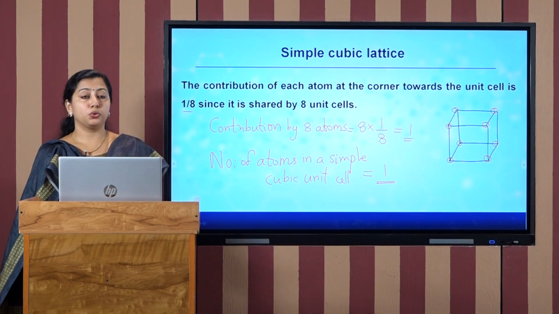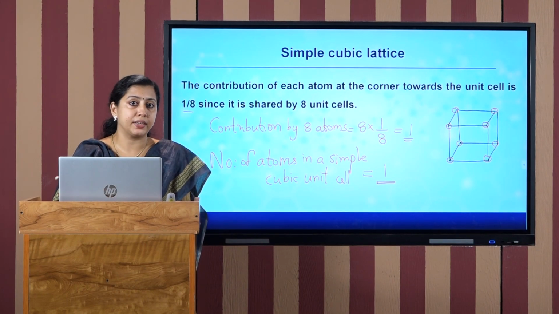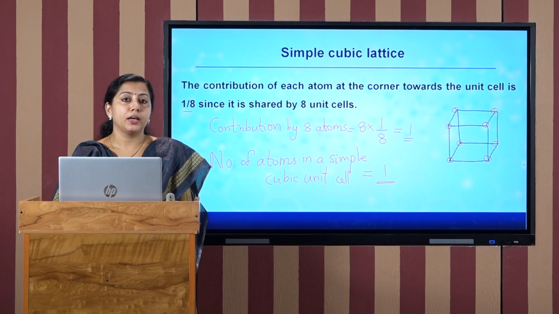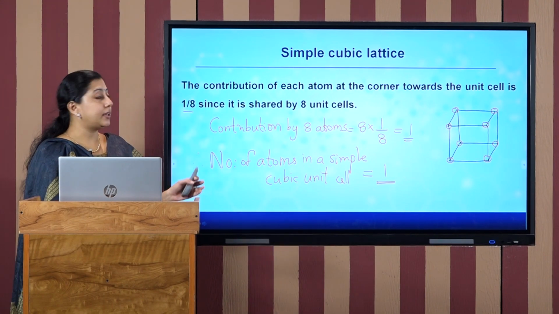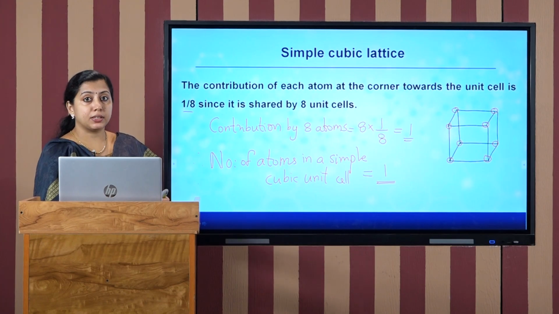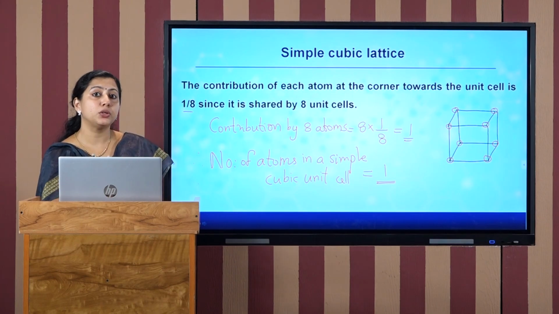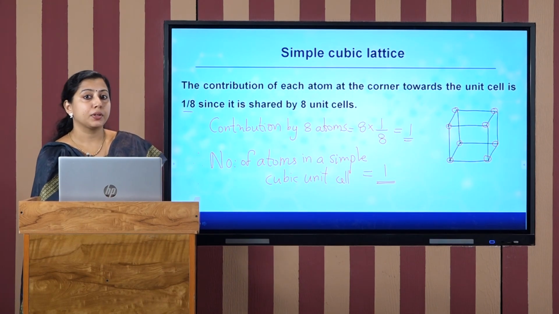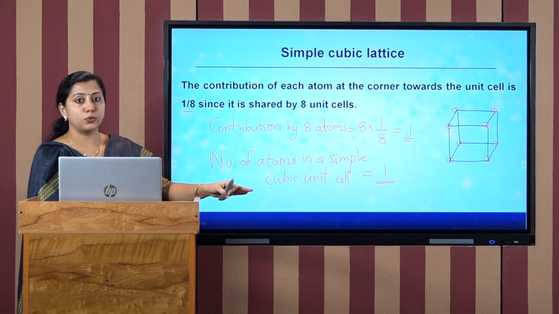So, here we have considered a simple cubic lattice or a primitive cubic lattice. In a primitive unit cell, the atoms or motifs are present only at the corners, and each corner is attached to an adjacent unit cell. So, that means there are 8 corners, so 8 adjacent unit cells.